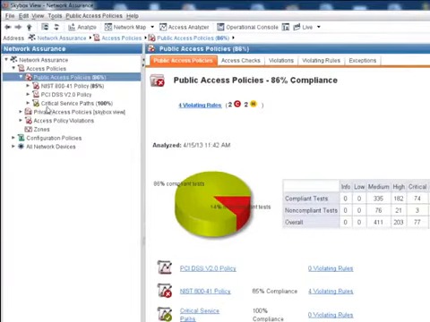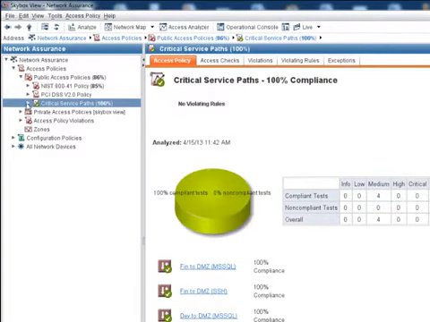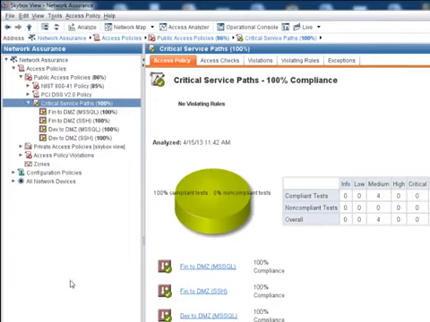We actually give you the ability to describe these paths. We call them critical service paths. And this is the flip side to policy. Typically when people talk about security policy, it is usually used to describe things that shouldn't happen between 2 points. Our critical service path policy allows us to describe access that always should be available between 2 points on the network.